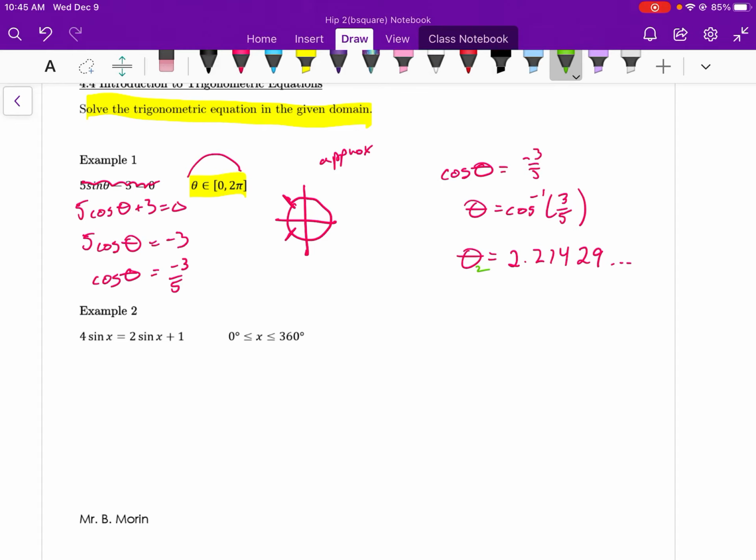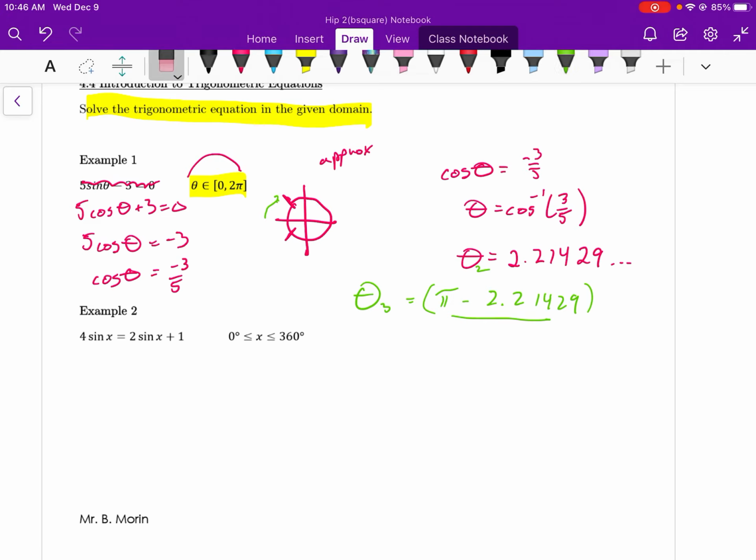A brief conversation: if you want to figure out quadrant 3, typically we ask ourselves, how far am I away from the x-axis? So for quadrant 3, I would take pi and subtract this 2.21429 number, and this represents how far I am away from the x-axis.